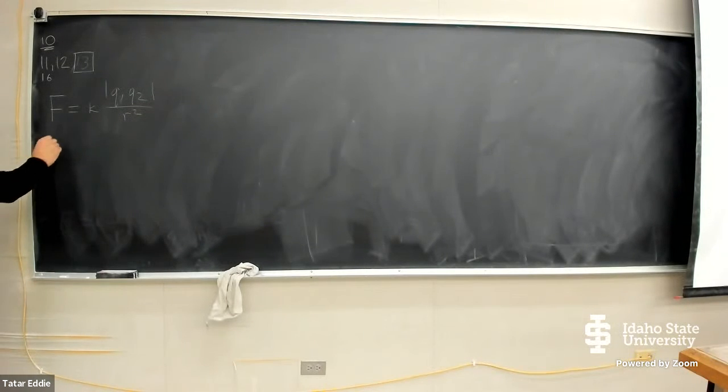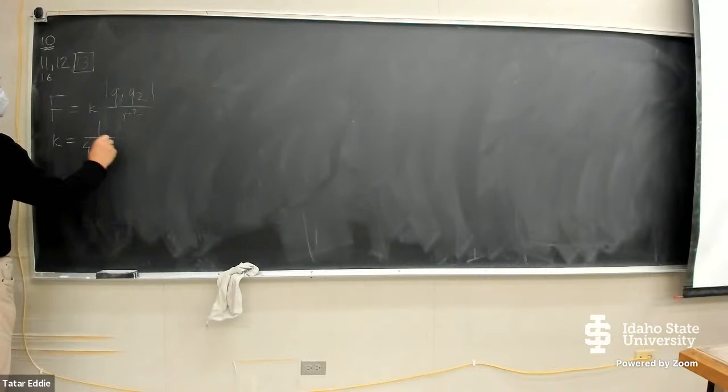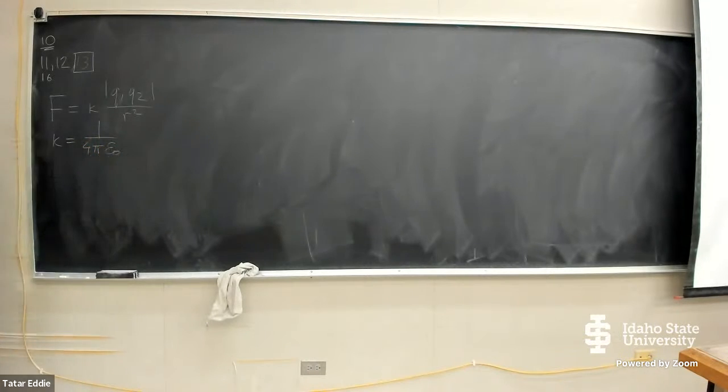We said that the constant of proportionality K is traditionally expressed as 1 over 4 pi epsilon naught, where epsilon naught is the electric permittivity of vacuum, a fixed number, an important constant of nature.